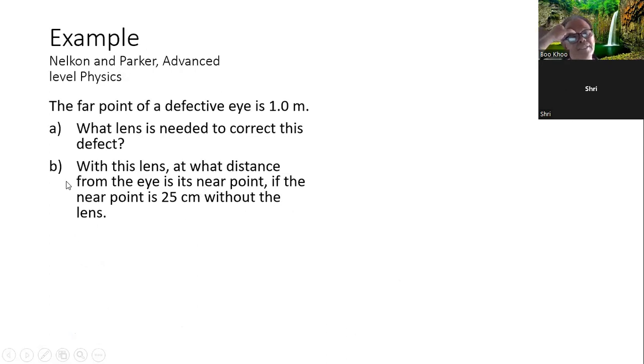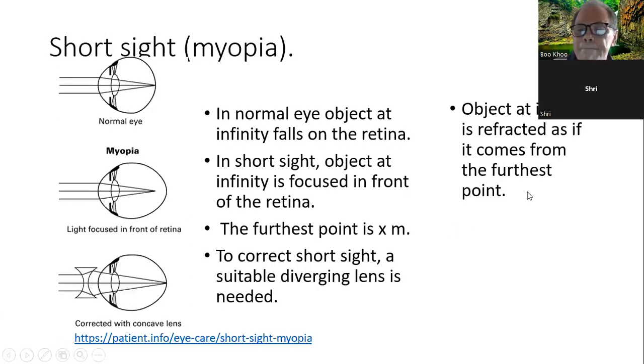Okay, try this question. The far point of a defective eye is 1.0 meter. What lens is needed to correct for this defect?